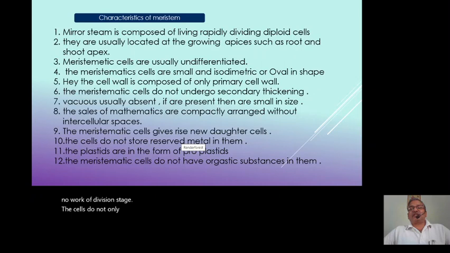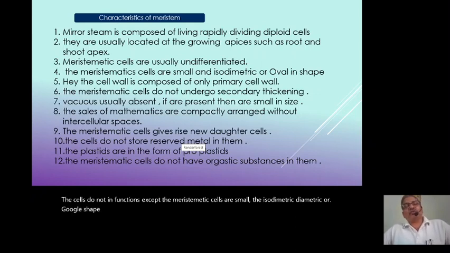The meristematic cells are small, isodiametric, rounded or oval in shape. The cell wall is composed of the primary cell wall only, that is cellulose.